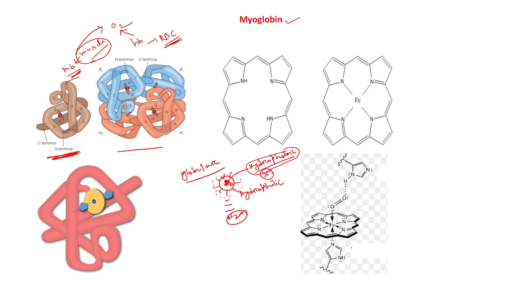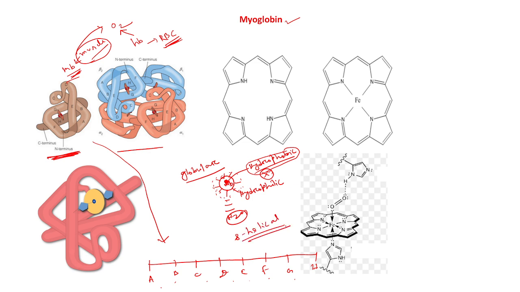That means if I expand this structure into a straight line, it is divided into 8 parts: A, B, C, D, E, F, G and H. These 8 helical structures are found in the myoglobin.